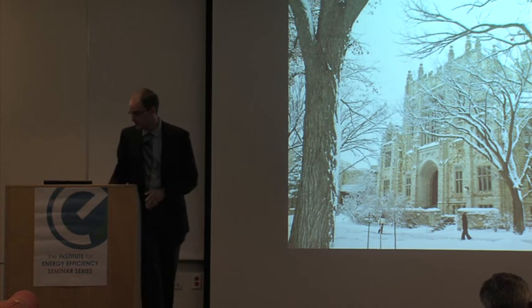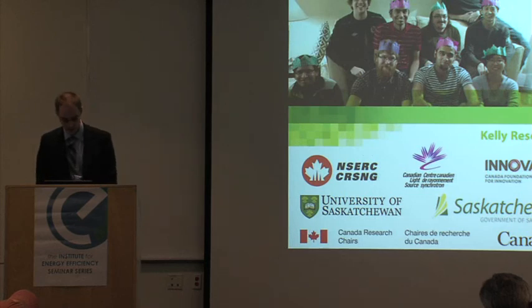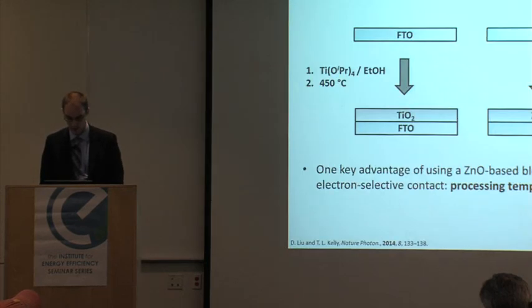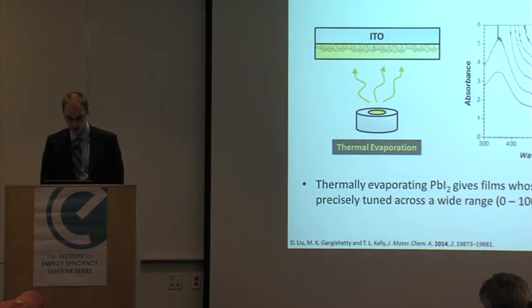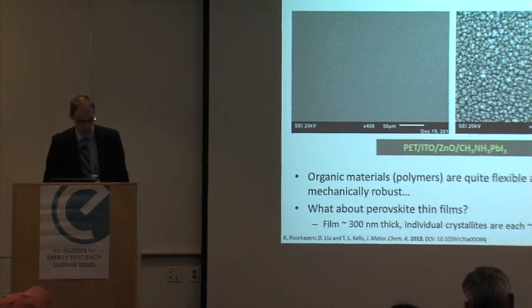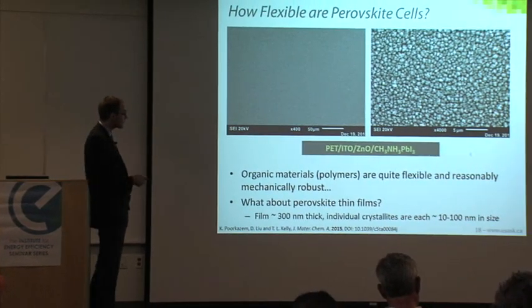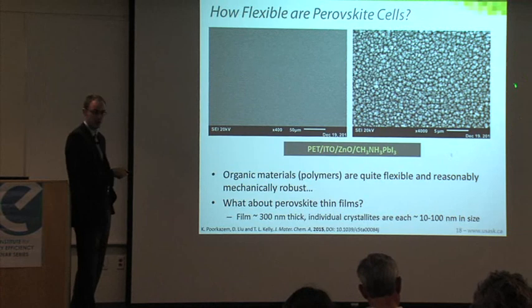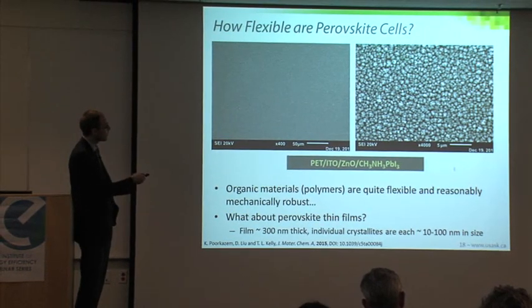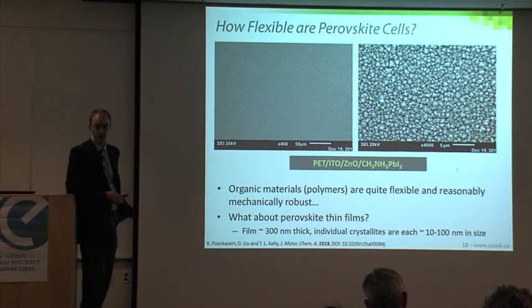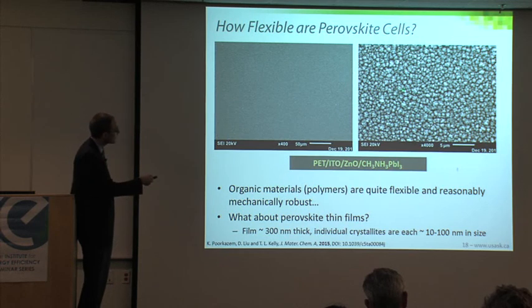So probably the easiest thing to do is look at a picture. If you look at the SEM images of our films, this is for something that's maybe 300 nanometers thick. We've got a really polycrystalline morphology, lots of grain boundaries, lots of little gaps.